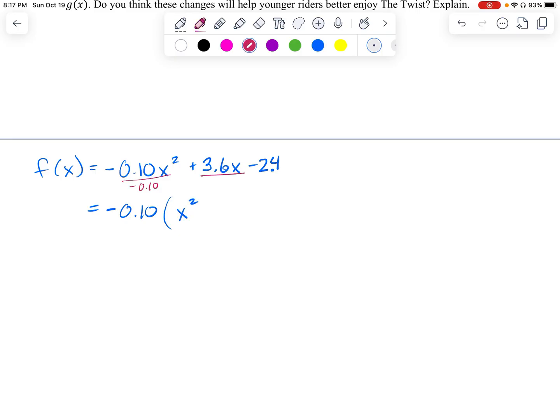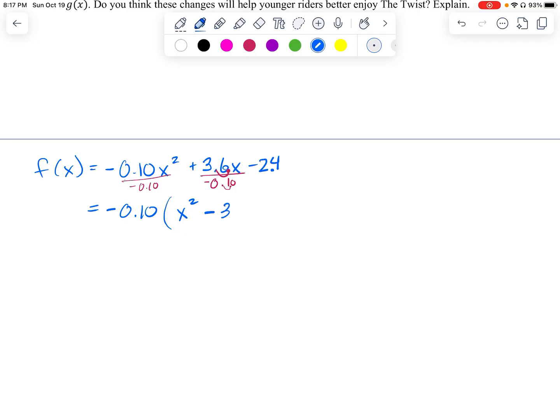For the second term, when I divide by a negative, I get a negative, and divided by 0.10. One way to divide by a decimal is you can just move your decimal over. If I move it right 1, then I just have the number 1 in the denominator. Whatever I do on the bottom, I have to do on top, so I really just have 36.